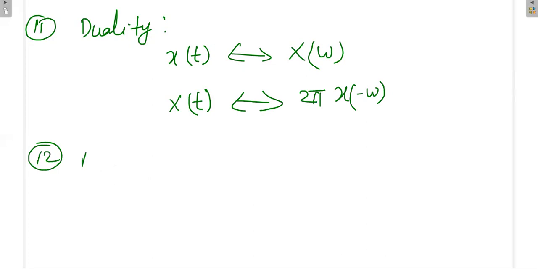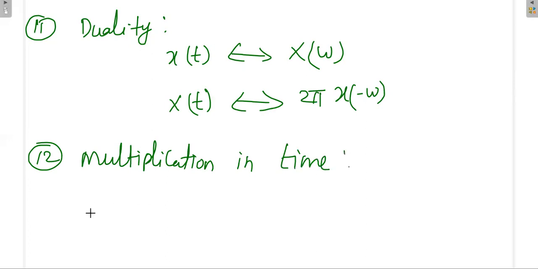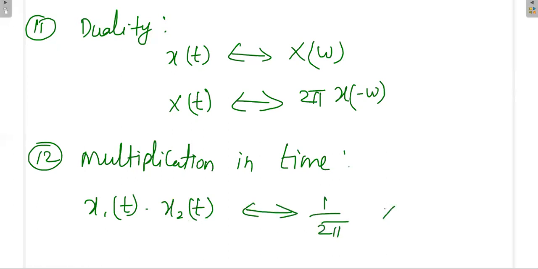Multiplication in time: x1 of t multiplied with another signal x2 of t Fourier transform pair 1 by 2 pi X1 of omega convolution with X2 of omega.